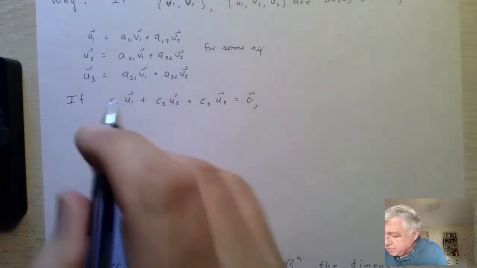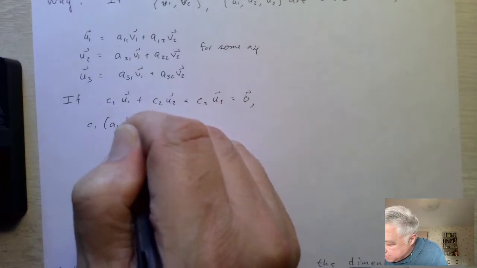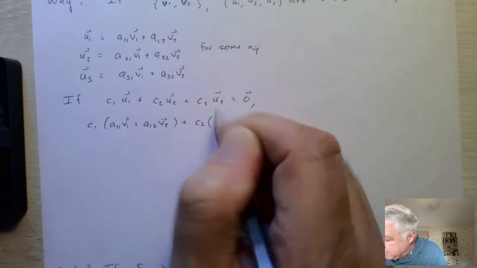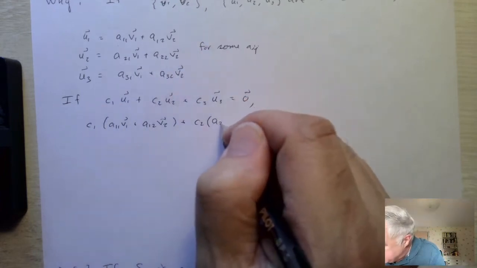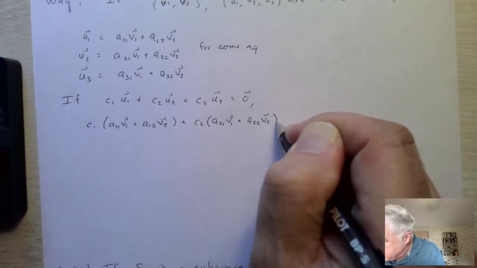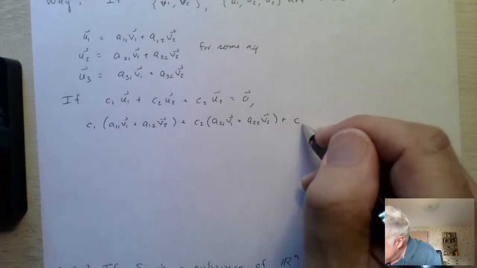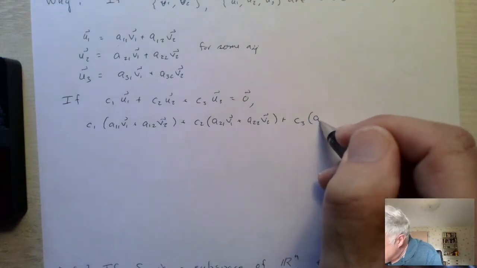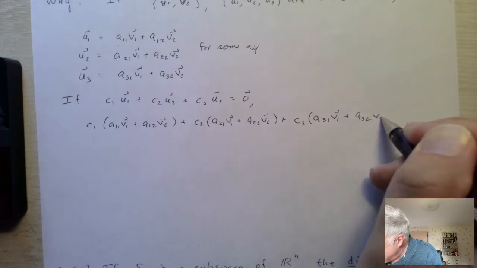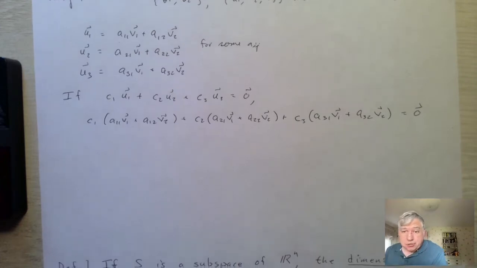Then we can do a substitution, and we get c1 times this plus c2 times this plus c3 times this equals 0. Okay, so that's just by substitution.